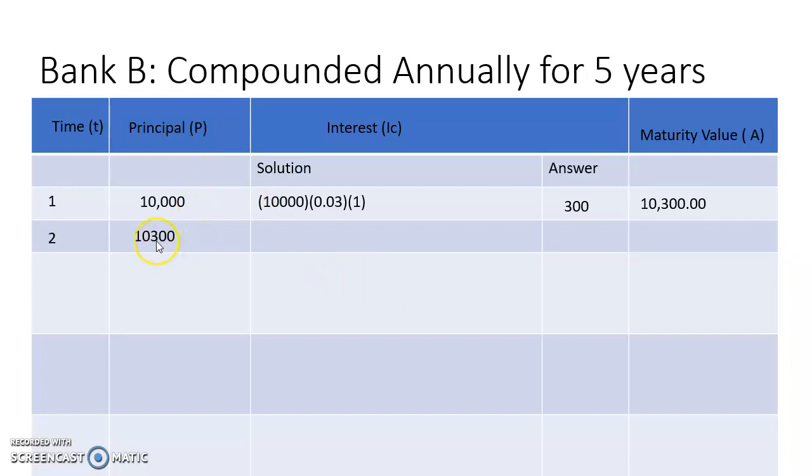For the second year, the principal is 10,300. Again, the difference between simple interest and compound interest is that in the compound interest, the income from the previous year is added to the principal in the computation of the interest for the succeeding years.